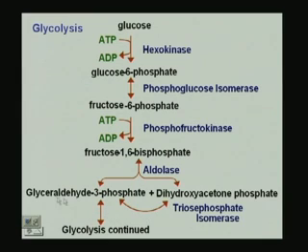And if you notice here, it is glyceraldehyde 3-phosphate that will allow the glycolysis to continue. So, we need an isomerase that is going to transform our dihydroxyacetone phosphate to glyceraldehyde 3-phosphate.